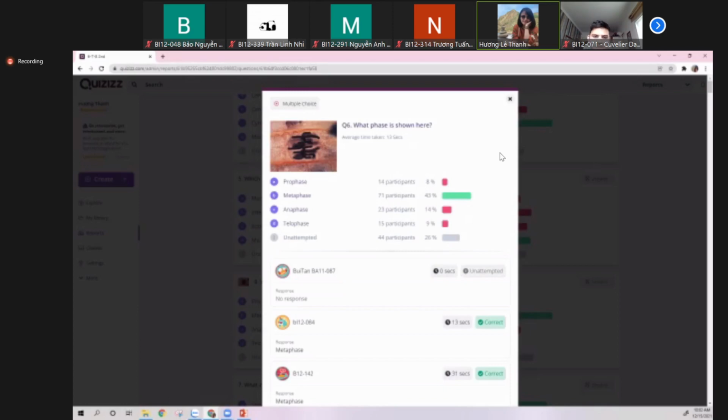Two phases that are easy to recognize are metaphase and anaphase. M stands for middle, so in metaphase all the chromosomes line up in one line in the middle of the cell. When they separate and move away from each other, we have anaphase. And in telophase, they start to form two cells. It's the easiest way to remember cell division.